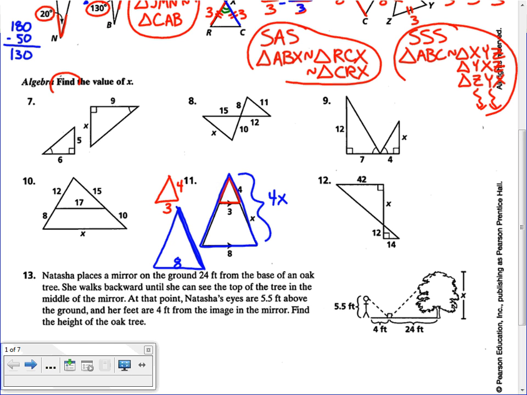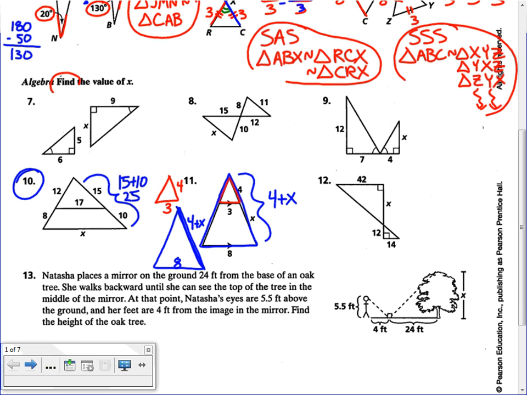But that's not what we did with the other triangle in number 10. We took the 15 and the 10 and we did what? We added them. So it is not 4 times x, it is 4 plus x, representing that whole length.